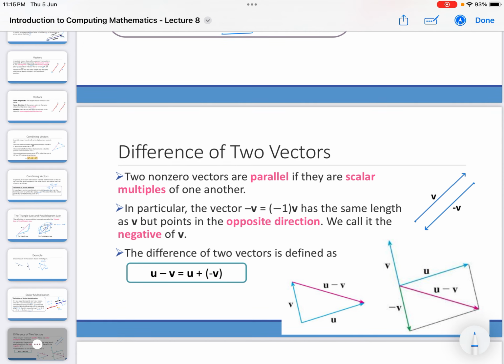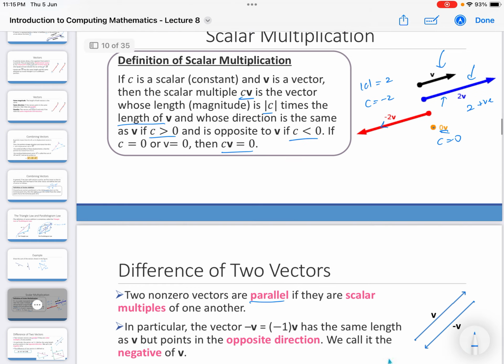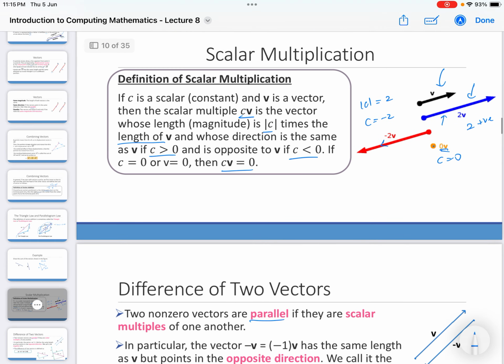So just now we looked at when we combine or add two vectors. Now we will look at when we subtract, or the difference of two vectors. Two non-zero vectors are parallel if they are scalar multiples of one another. Since all of these are scalar multiples, you can see that all of these are parallel.